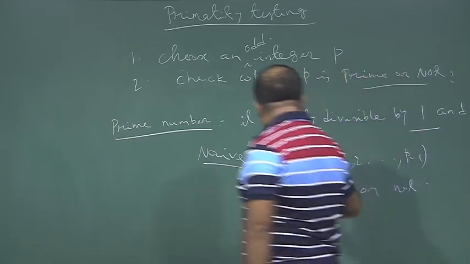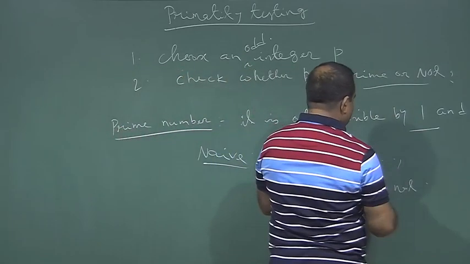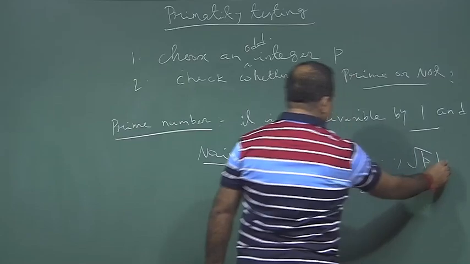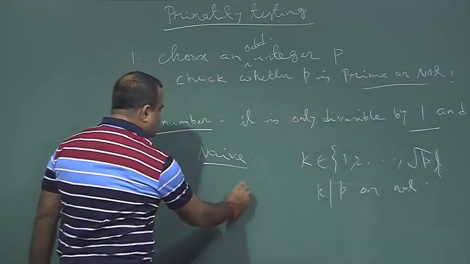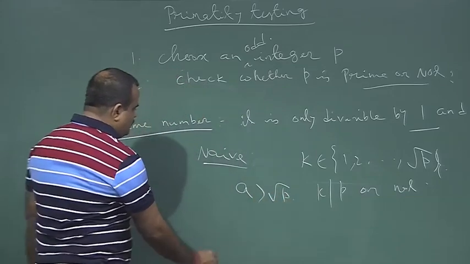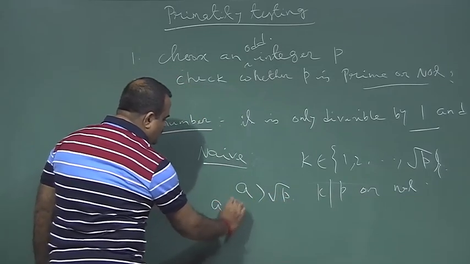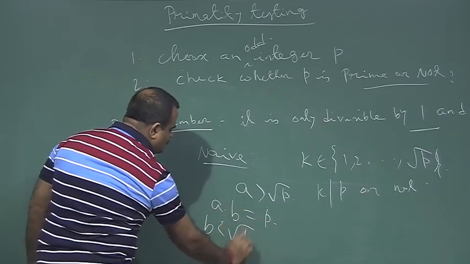Okay. Now we can reduce this by checking only up to root p, because we have seen that if a is a factor which is greater than root p, then there will be a b such that p equals a times b, and b has to be less than root p.